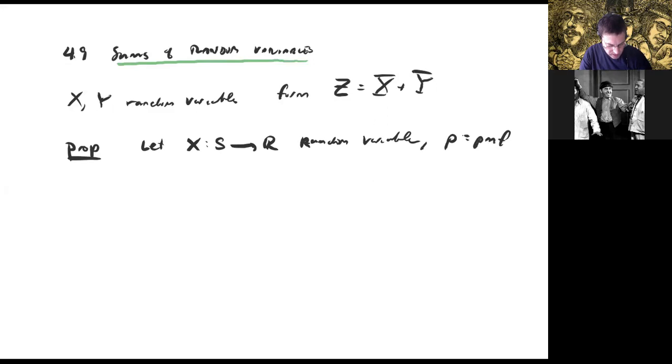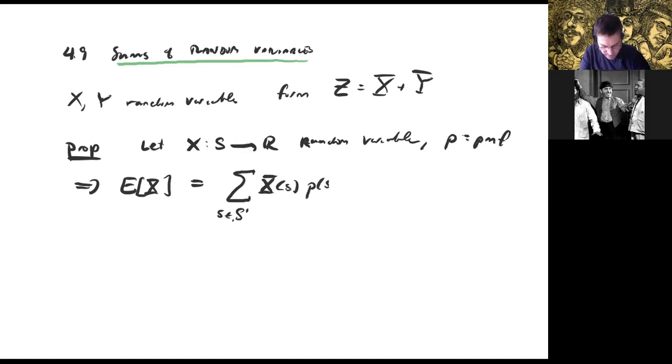Then the proposition says the following: if we want to compute the expected value of X, we can rewrite it as the sum over all elements s of S of X(s) times p(s). So it really does look like a weighted sum, weighted by the random variable.